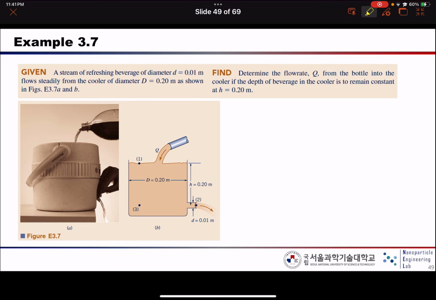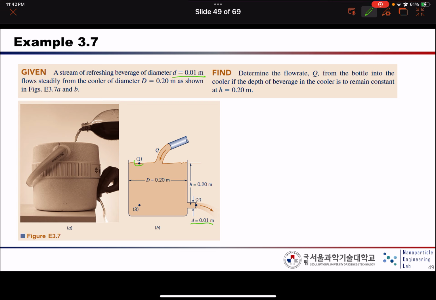Let's continue this example. Okay, I assume that you solved this example by yourself. From now on, let's solve this example together. Here, the stream of refreshing beverage has a diameter of 0.01 meter.